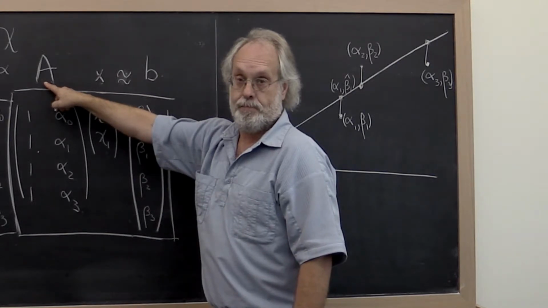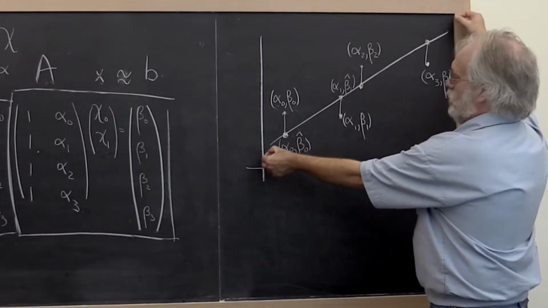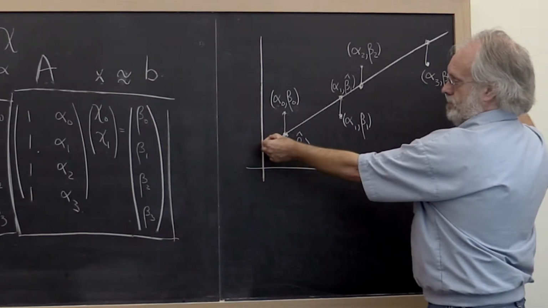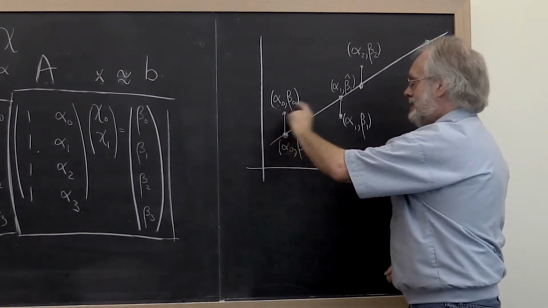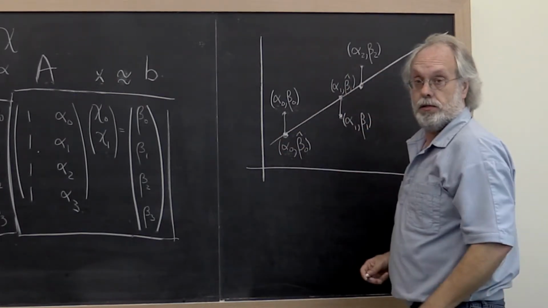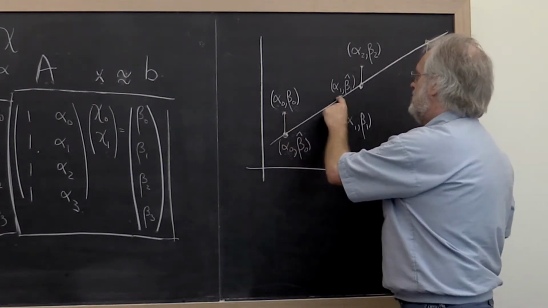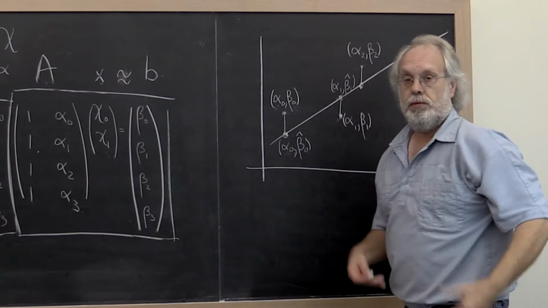Now, the question becomes, which line is best? Well, these distances here tell us something about how good the line is. So one thing we could say is, we want the sum of these distances to be minimized.